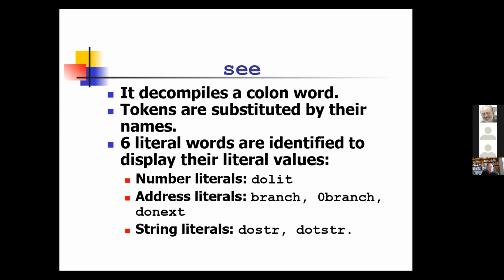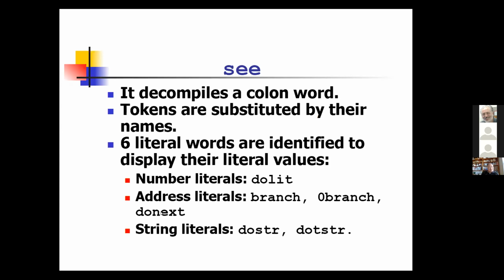Okay, so we have a number literal, which uses dolit to put the following number on the stack. And then we have 3 address literals: branch to an address, and 0branch also branches to an address if the top of stack is 0.